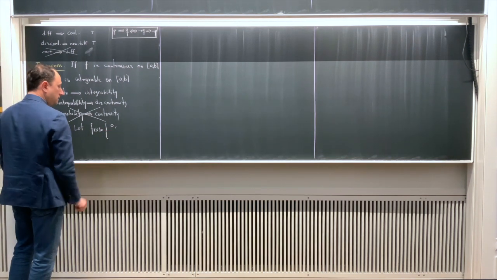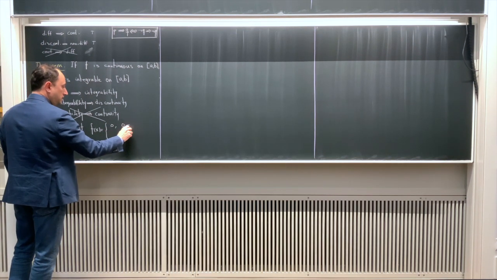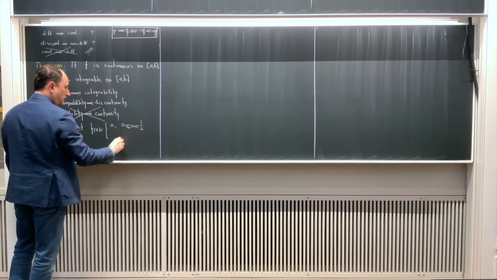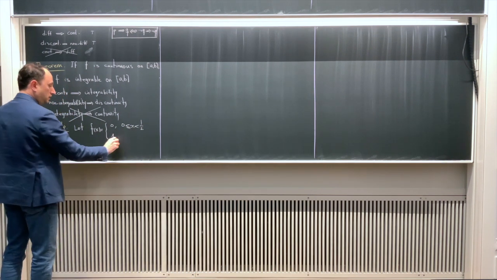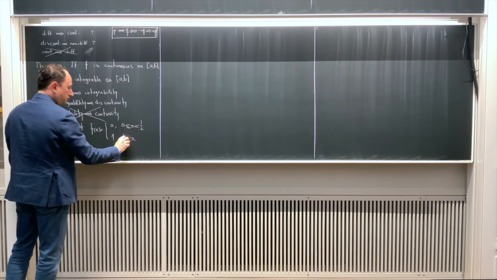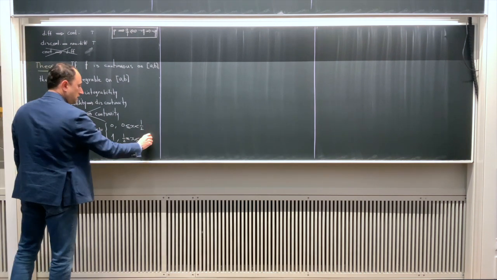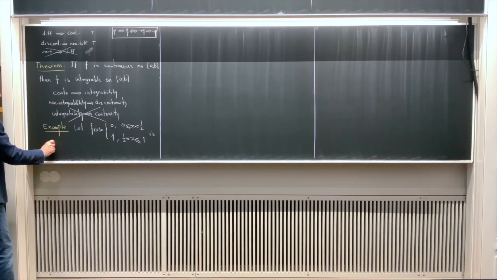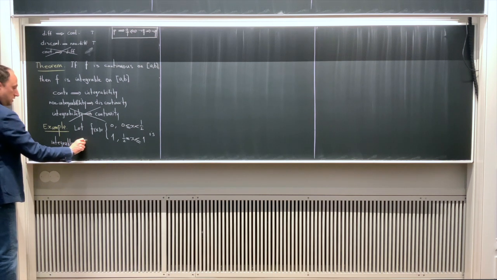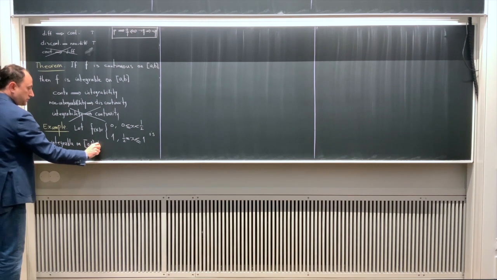I take it 0 if x is between 0 and 1/2, and 1 if x is from 1/2 to 1. It is integrable on 0 to 1, but not continuous.